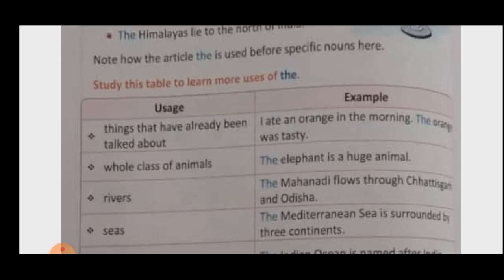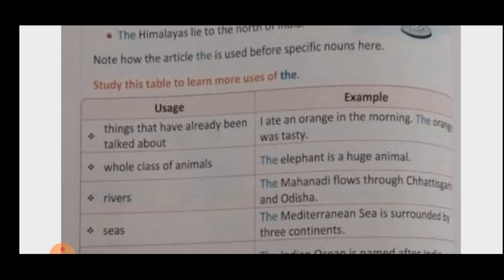I ate an orange in the morning. The orange was very tasty. Here I have already talked about orange. So now again when I am using the word orange, I will put the, because specifically I am talking about the orange.